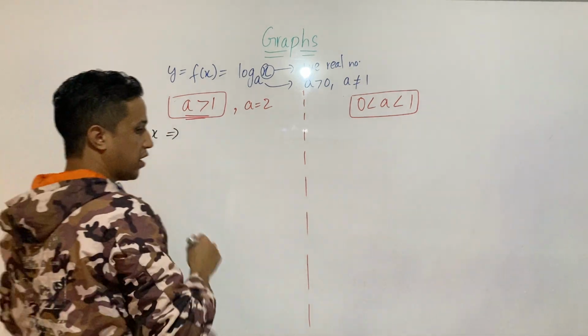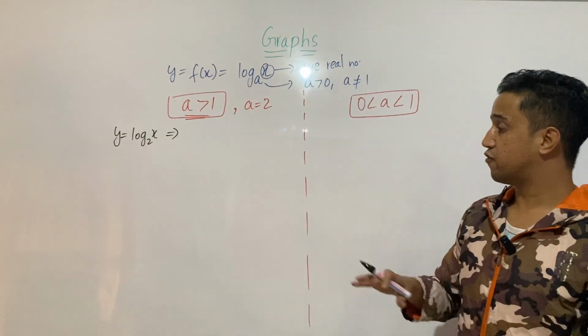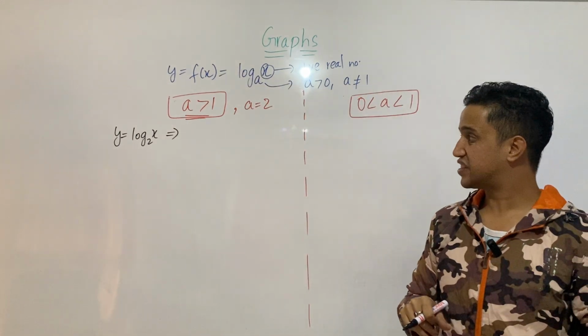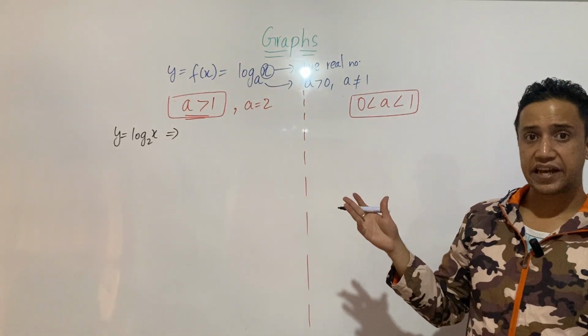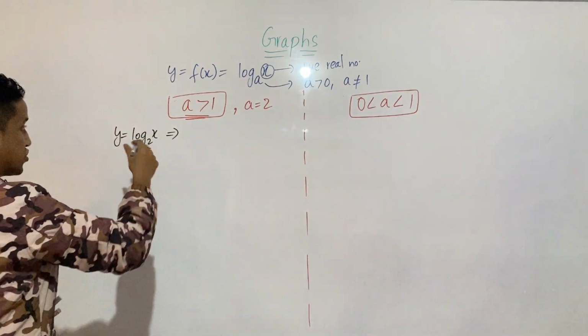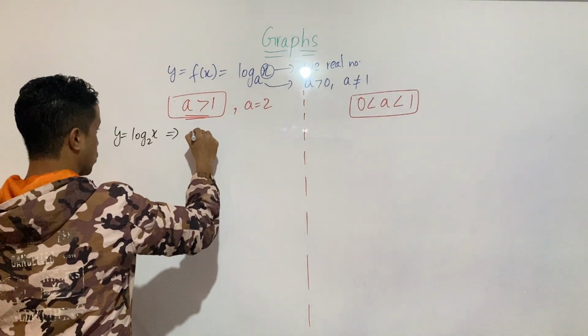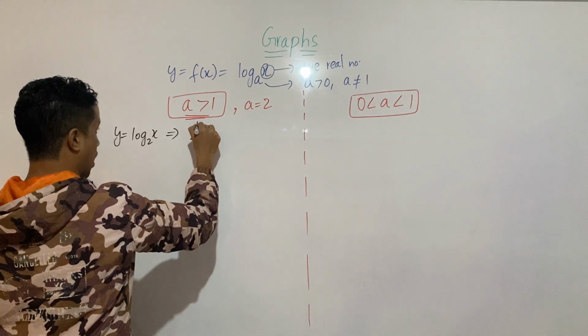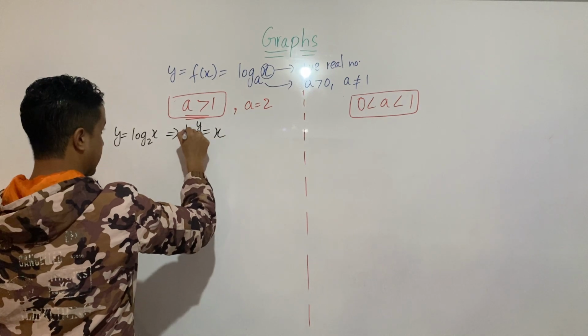Now see here, because it's difficult to find the values for this function, what I can do is change this function into the exponential function. So what would happen? 2 to the power y is going to be x.